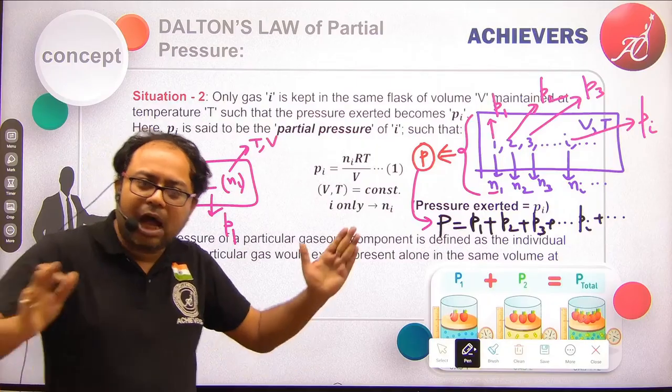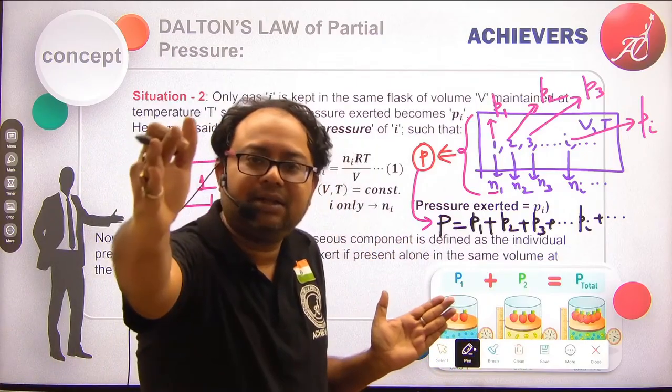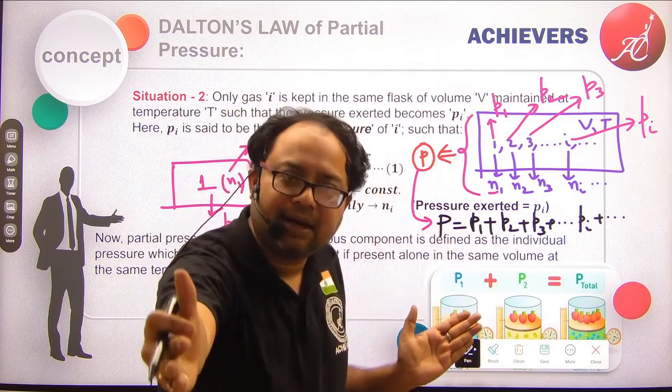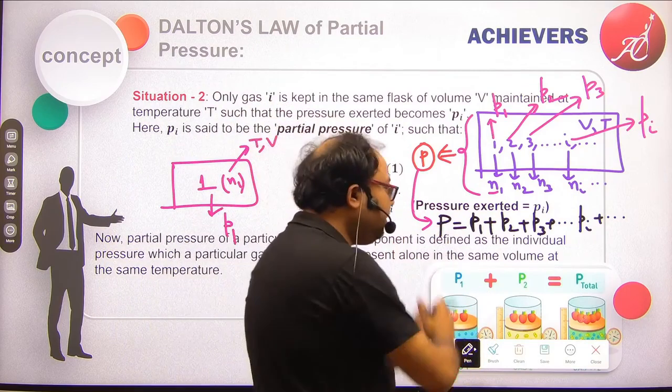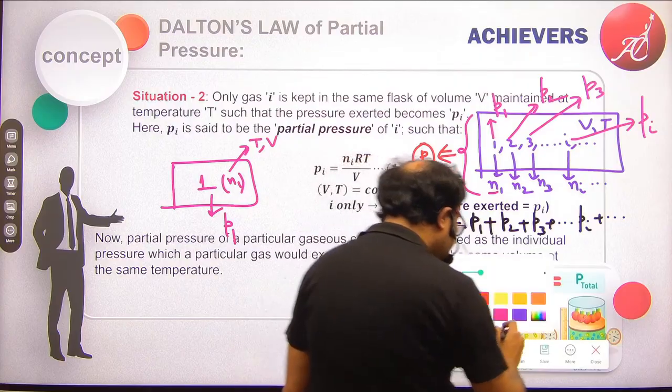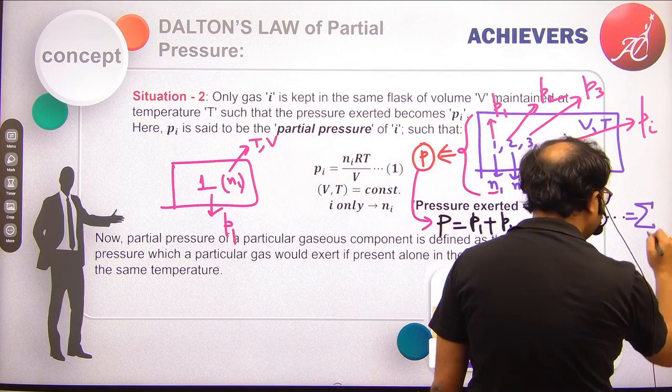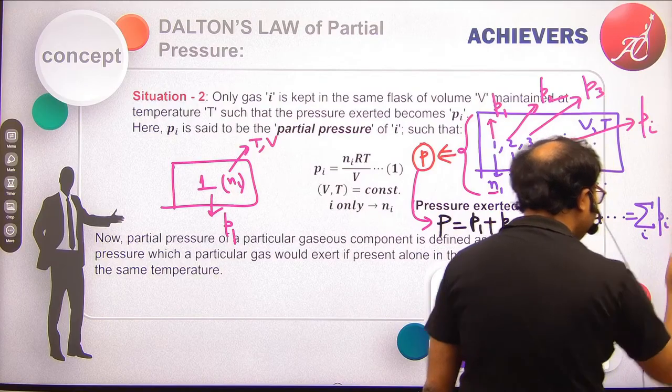That means you sum up all the partial pressures of all the gases present in the container, you will get the total pressure. So in simple notation, you will write it as summation over Pi.